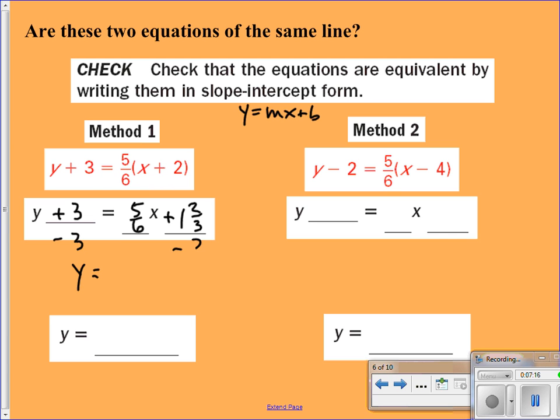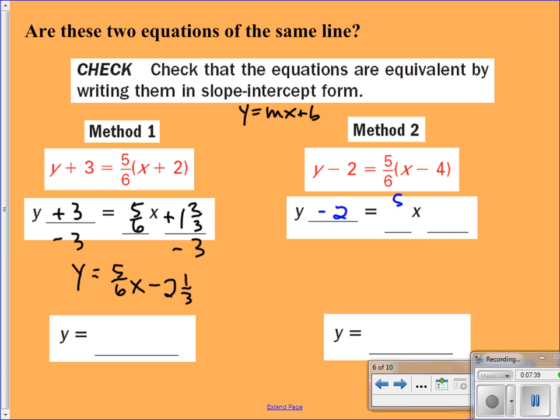And if I subtract 3 from that, that is negative 2 1/3. Yeah, negative 2 1/3. So my slope is 5/6. My y-intercept is negative 2 1/3. Not pretty, but let's see what I get over here.